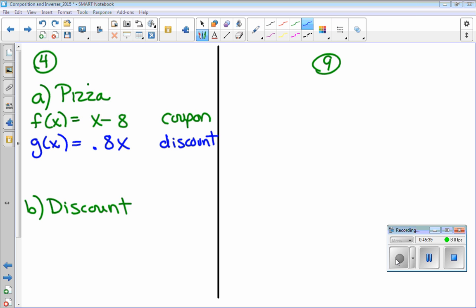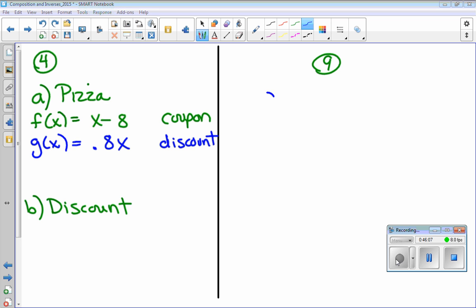You will not have enough room on this sheet of paper to answer either of these two questions, so you will need to staple that here to the paper. Okay? So if I'm looking here at the question, it says, how much more would you pay for a large pizza if the cashier applied the coupon first? So if I wanted to do the coupon first, is that g of f of x or f of g of x?